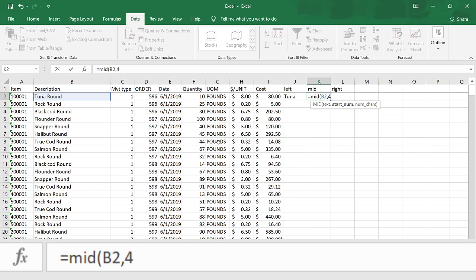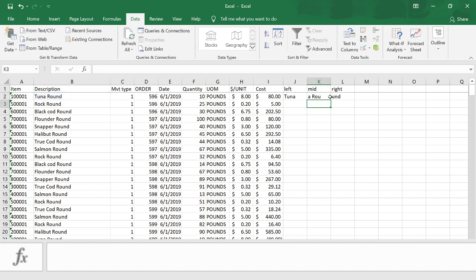So if we say 4, it's going to go over to the 4th letter in this, and then just say 5 and close the parentheses. It'll take the 4th letter and 5 after that. So it goes over to the A, which is the 4th letter, space ROU. So it got 5 characters there.